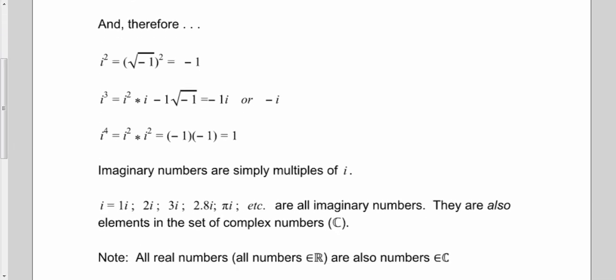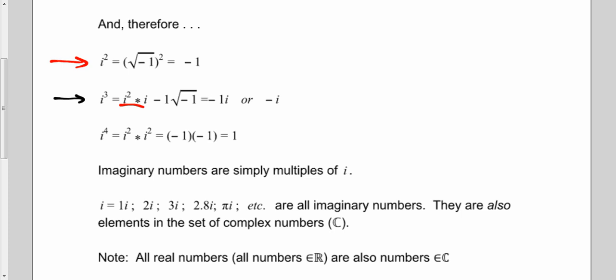I'm actually going to start here because I think everybody's pretty up to speed with that. This is just the inverse function of square root, right? So i cubed is really, I can break it down to i squared times i.